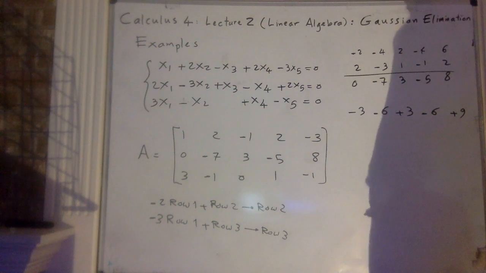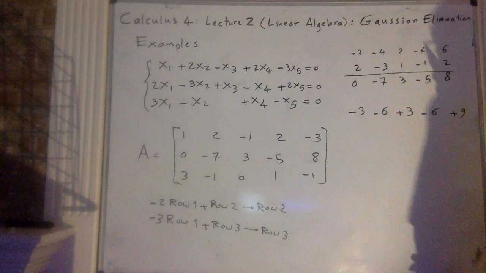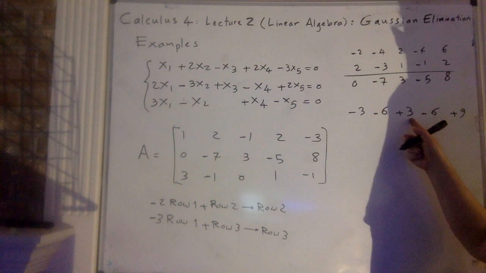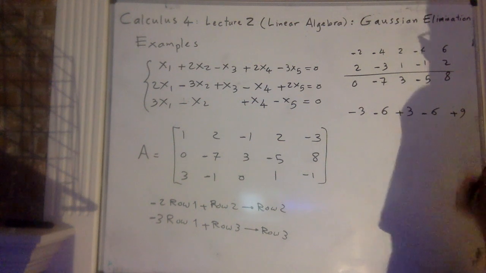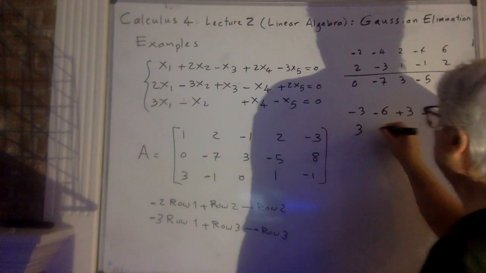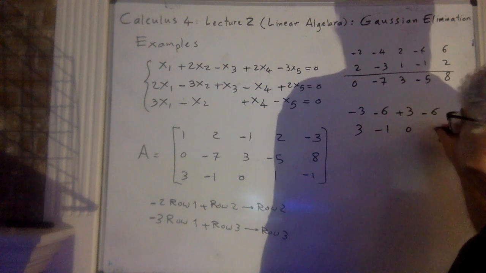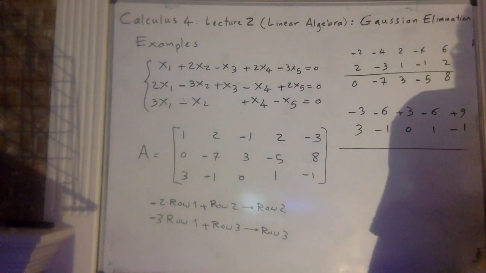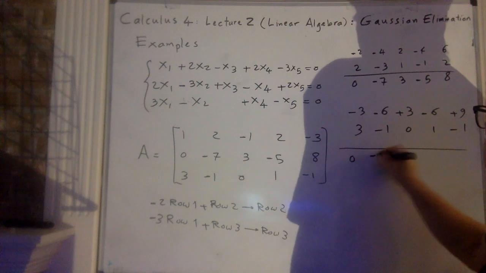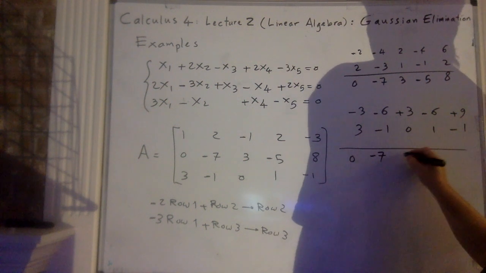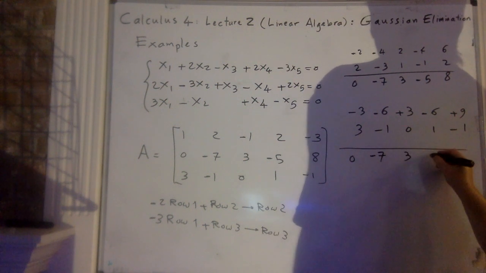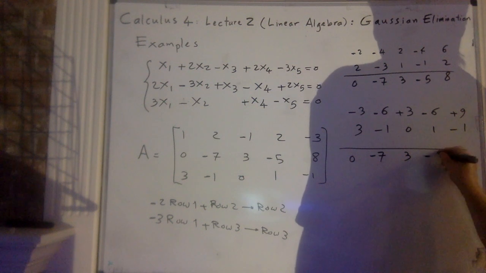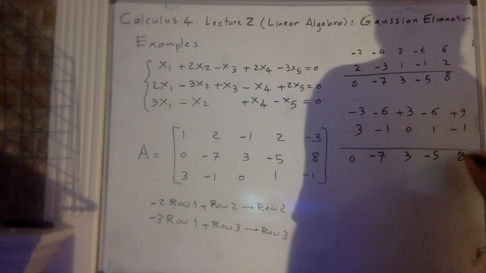Right? So that is minus 3, minus 6, 3 plus, that's minus, that plus 2. And 3, negative 1, 0, 1. So that is 0, minus 7, and 3, and minus 5, and 8.